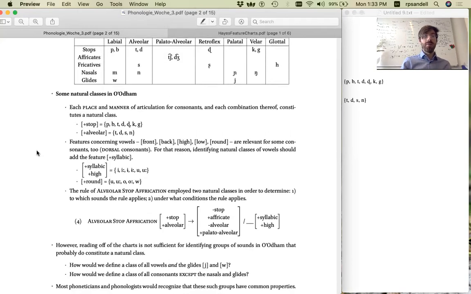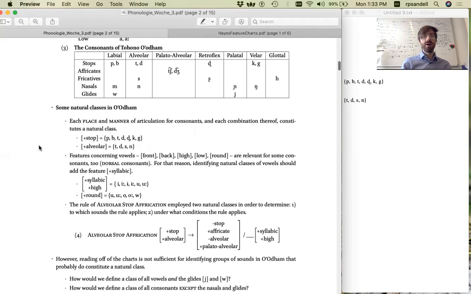Now, when we devised our rule of alveolar stop affrication in order to account for the distribution of alveolar and palatoalveolar allophones in O'odham in the first lecture, there we had to make reference to 2 particular natural classes. We needed to use natural classes in order to say, first of all, what sound the rule applies to, and secondly, what the conditions are under which that rule applies.